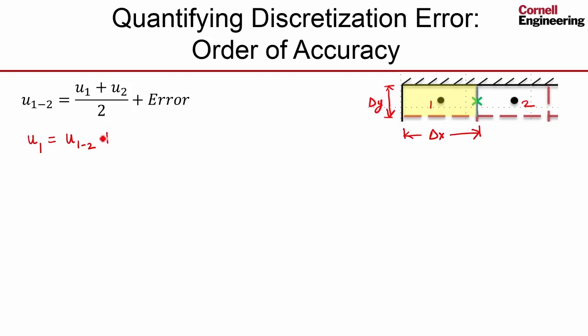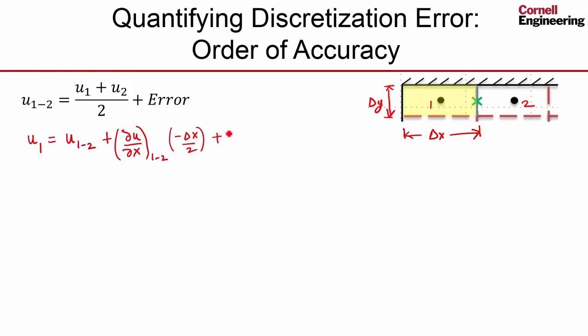So first I need the derivative. So I'll need the derivative du dx, that's the derivative in the x direction, at the face at 1, 2 times this distance. That's minus delta x over 2, because it's in the negative x direction.